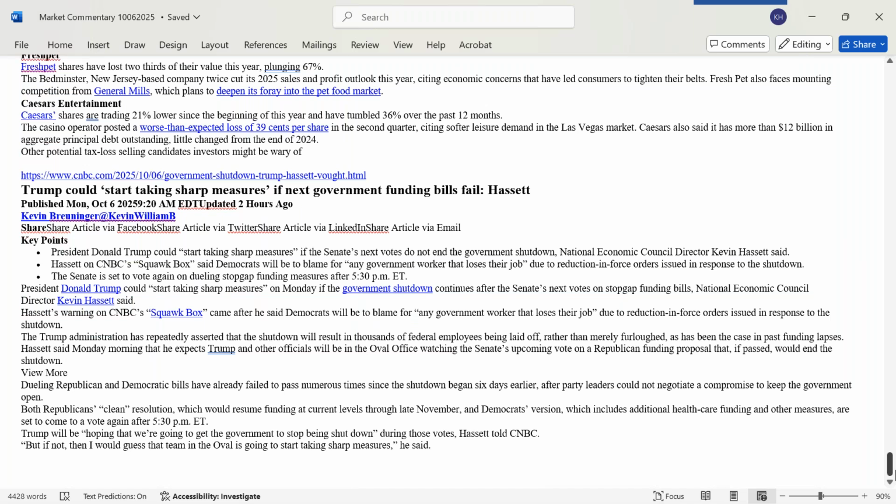It's interesting because you hear people talk about a clean bill, and very rarely, if ever, do I truly see a clean bill. But to extend the government and give the government money, the Republican bill was a 2-page bill.